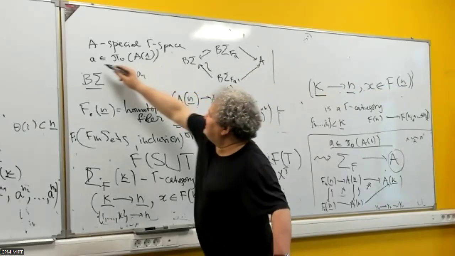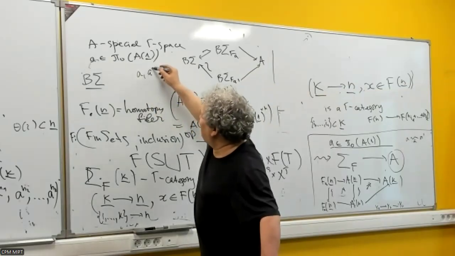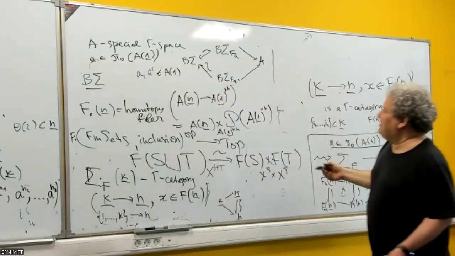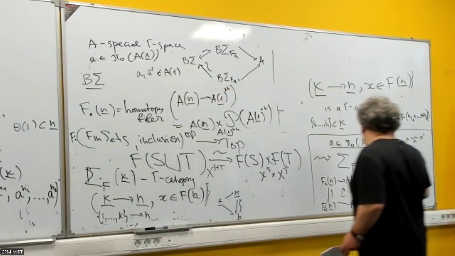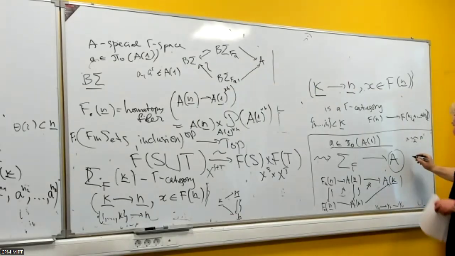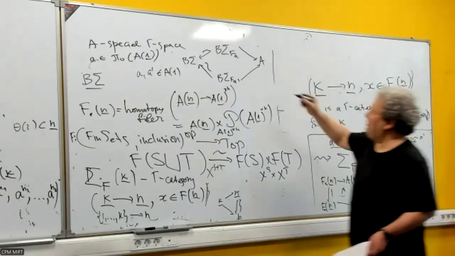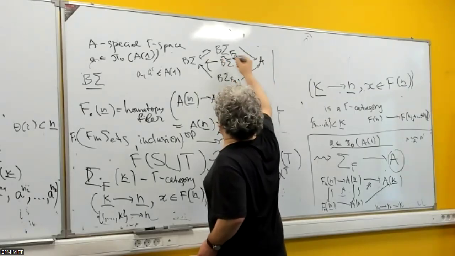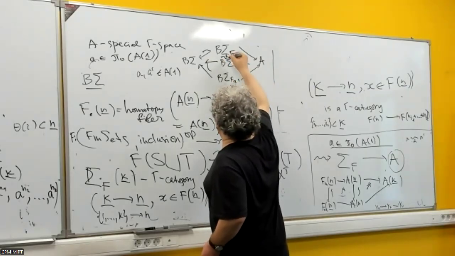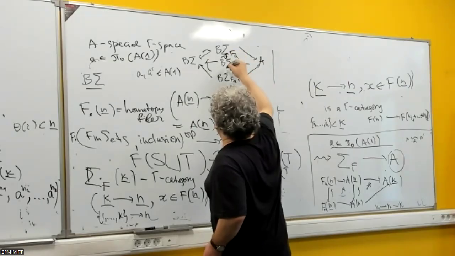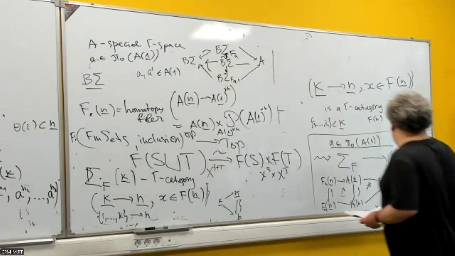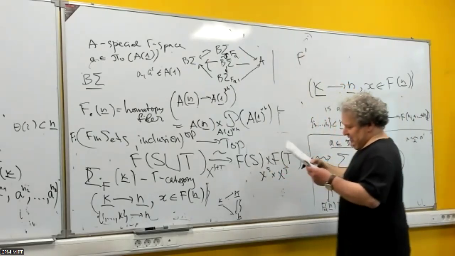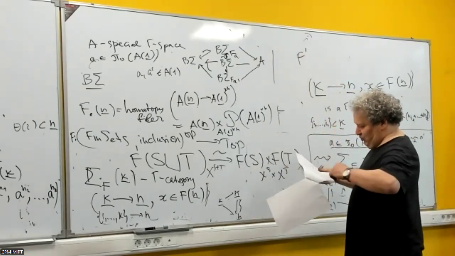Elements A and A prime are elements in A1 which represent the same element in pi 0. Now I connect them with a path alpha and put here something like B sigma tilde with some diagram, which is also commutative. For this sigma, I put another F prime, which is the fiber point of this.